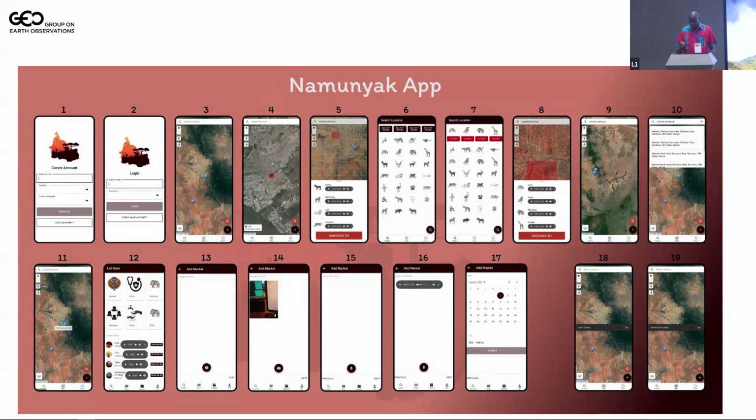So the Namunyak app will assist us to map out the land that we have, and even do what we call land use planning within that. We have already made an attempt to map out our boundaries and also to secure them from other development projects that may come and shrink more the land we have.